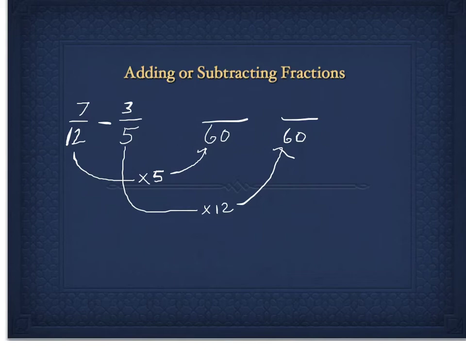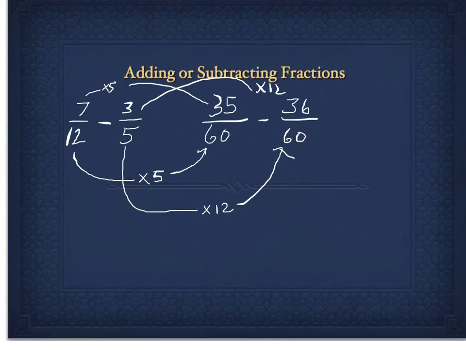So in this case, I have to multiply 7 by 5 to get my new numerator, 35. And I have to multiply 3 times 12, and I get 36. Now, since the two pizzas are cut into the same amount of pieces, I can go ahead and subtract my numerators. 35 minus 36 is negative 1. So this is negative 1 over 60.